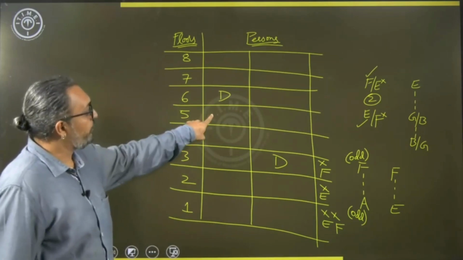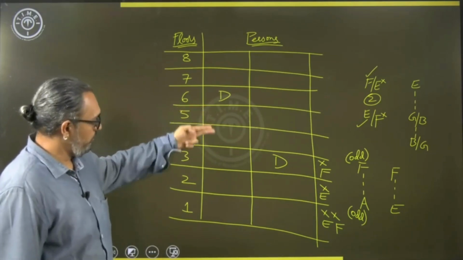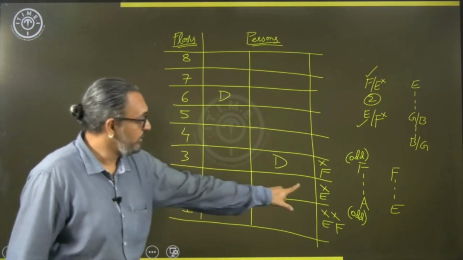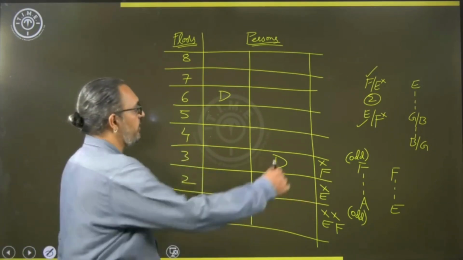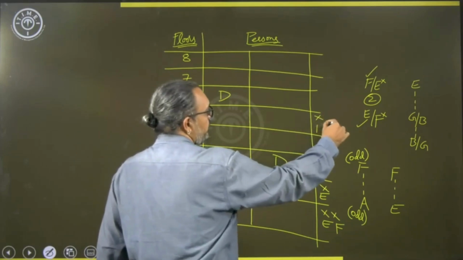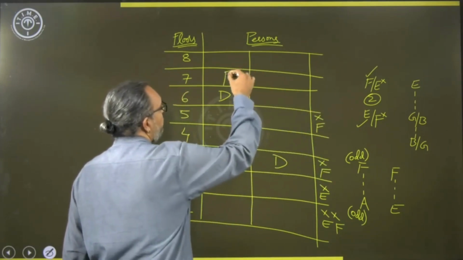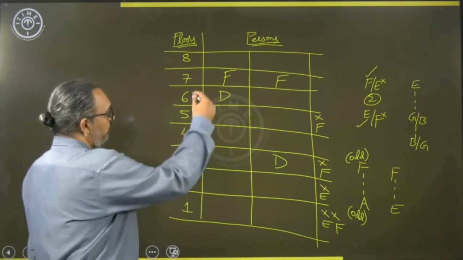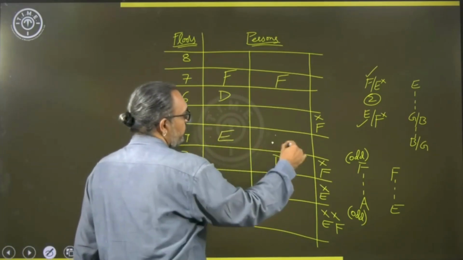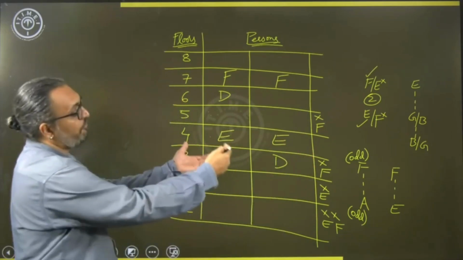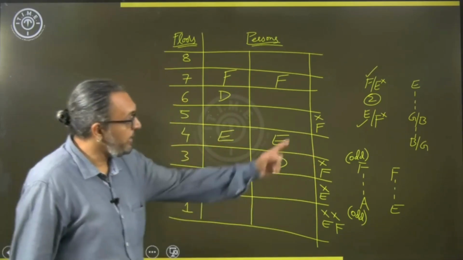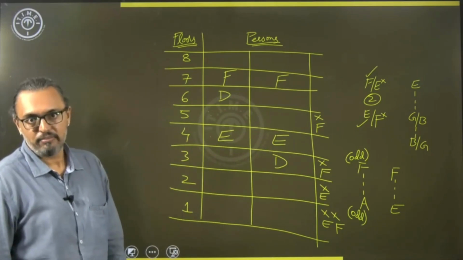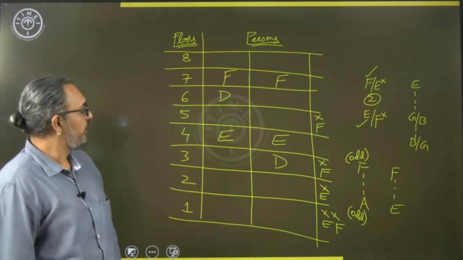Then if I take F on the 5th floor, then below F 2 people and you will get E in the 2nd. But we know E is not possible in the 2nd, so F is not possible in the 5th. So the only possibility in both cases is you put F in the 7th, so that leaving a gap of 2 you can have E in the 4th, so that I can now comfortably place G and B below E. Understanding the point here? Okay, right.